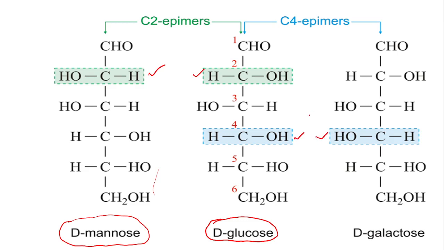And this is just because of the orientation. So for glucose, the OH is on the what? On the right, just like we know about D-glucose, but for galactose it is on the left.